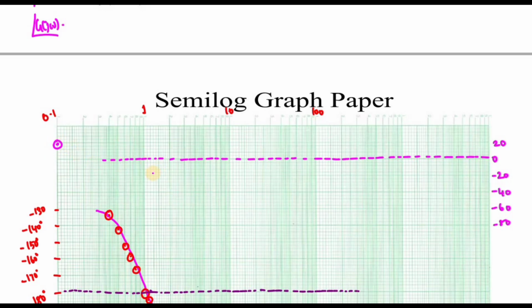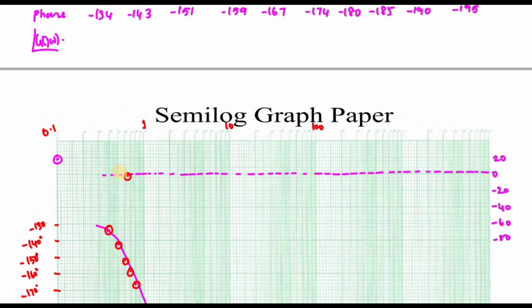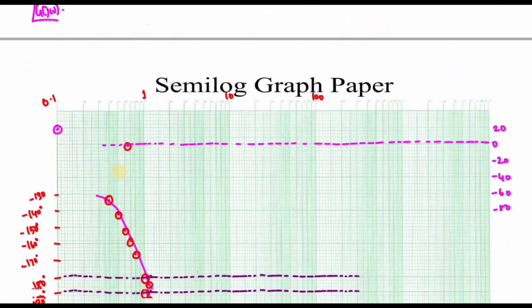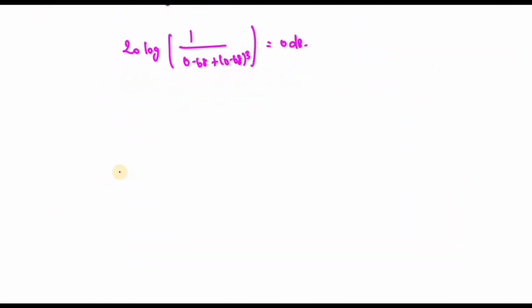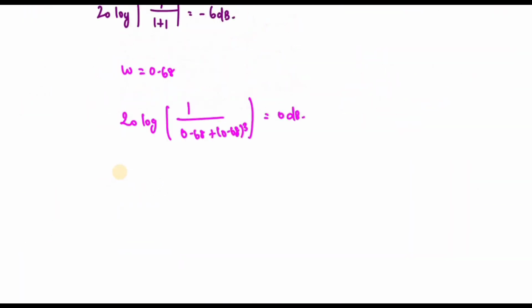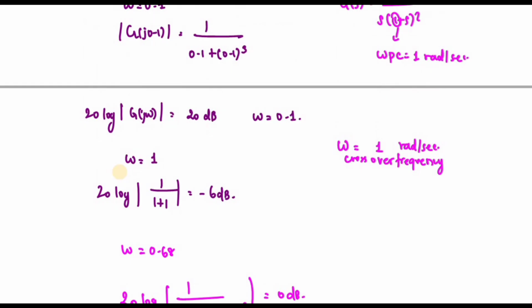At omega equal to 1, it is 0 dB. Sorry, at omega equal to 0.68, it is 0 dB.